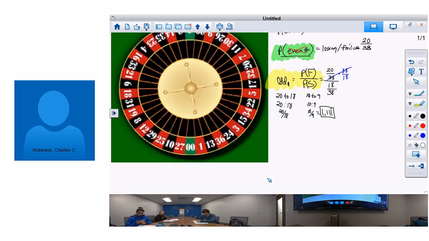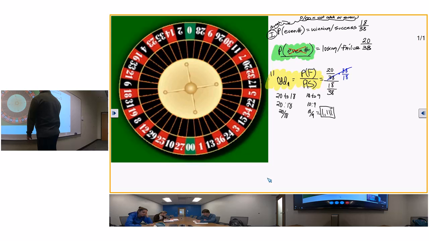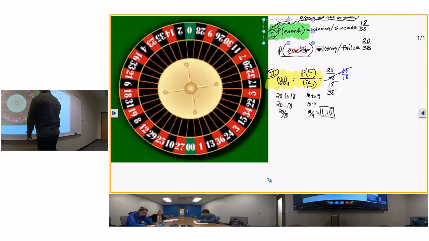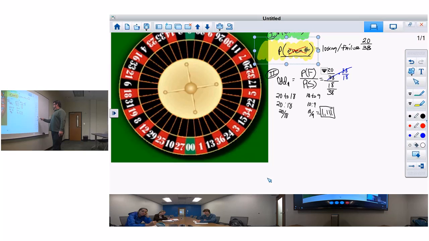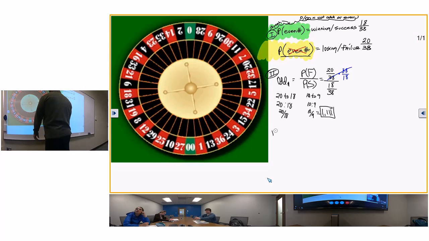So here's the first part, finding the probability. The second part is finding the odds against, and then the third part is the bet. Well, you bet $500.